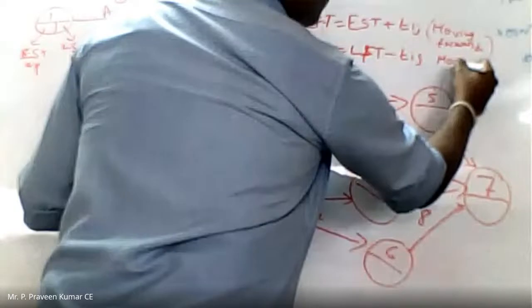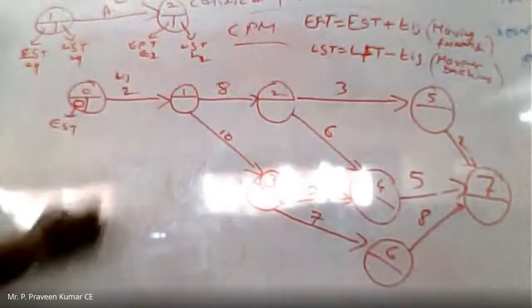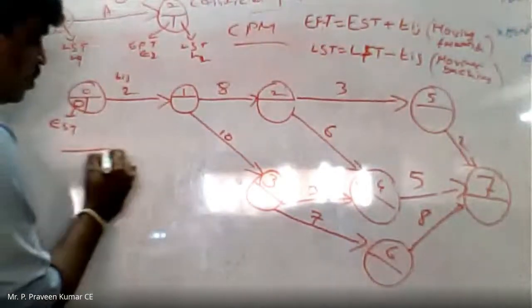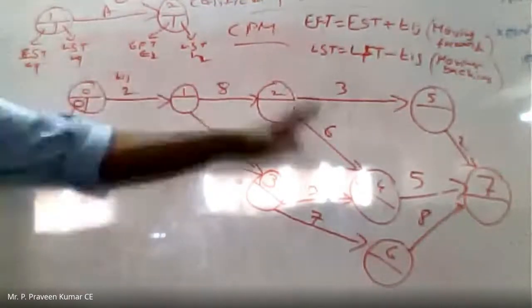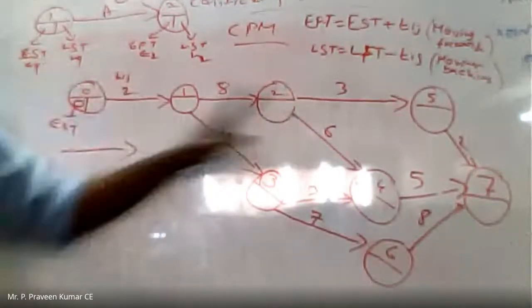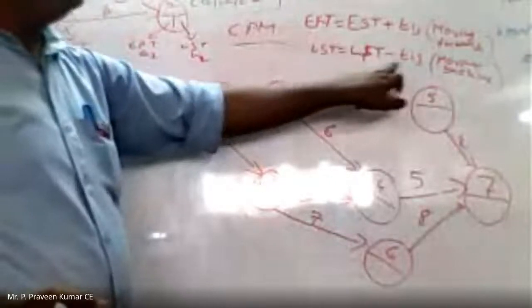This is moving backward. What is moving forward? Now we are calculating in the forward direction, so at that time we need to take the first formula. When we calculate from the backside, at that time we need to take this one: LFT minus Tij.